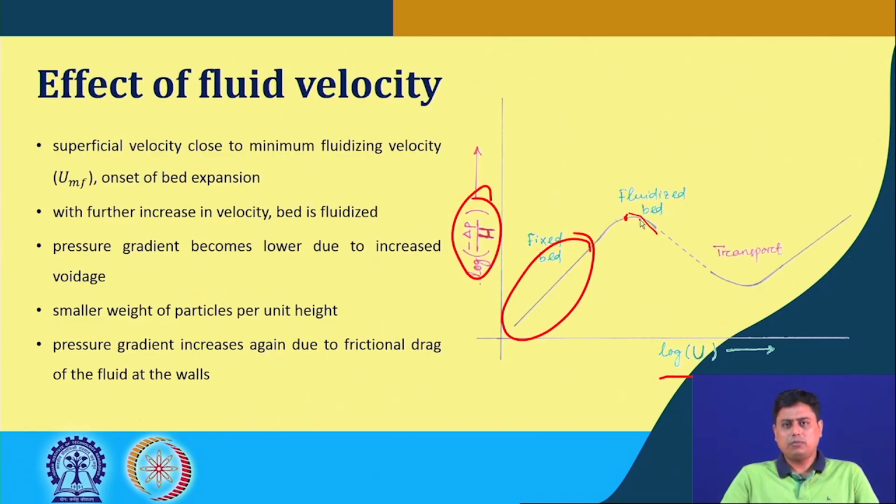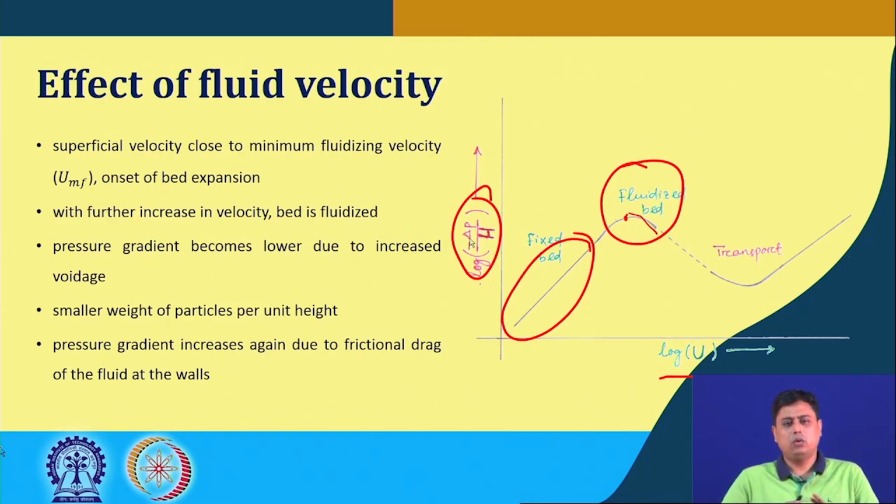It slightly drops, and then again it increases, because the drag force becomes dominant after a certain superficial flow rate. So this pressure gradient increases due to the frictional drag of the fluid on the walls when it is transporting these solid particles.